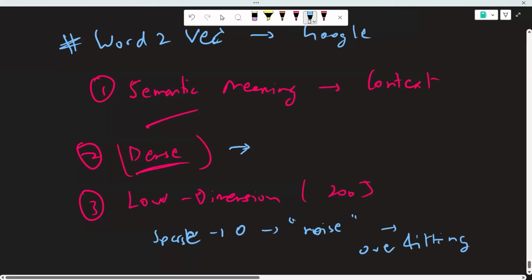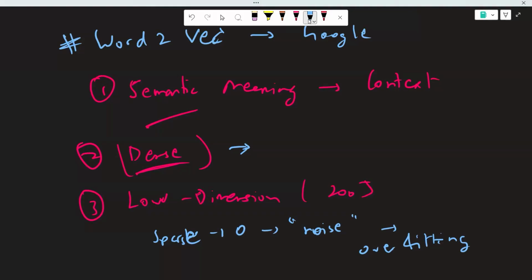The model will unnecessarily try to focus on zeros. There are hardly any ones, and that may bias your model, which is what we don't want. With dense vectors, whatever the main relation is, unnecessary zeros are not there, and because of that the model will take care of overfitting.